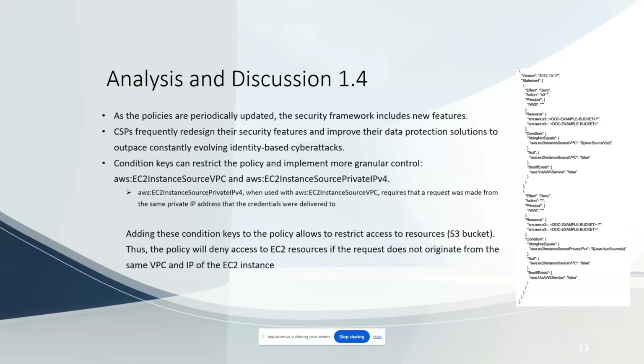By adding these two keys to the policy, we can restrict access to the resources. Therefore, the policy will deny access to the resources if the request does not originate from the same VPC or IP of the EC2 instance.